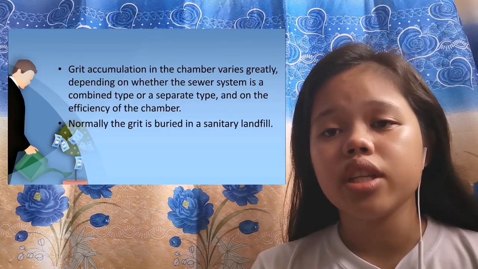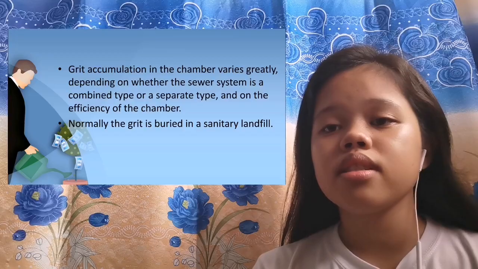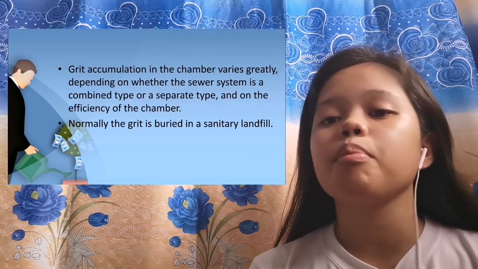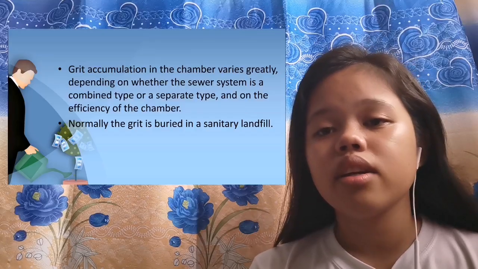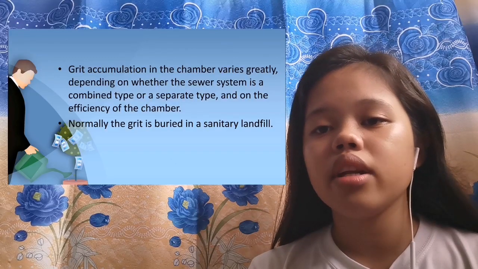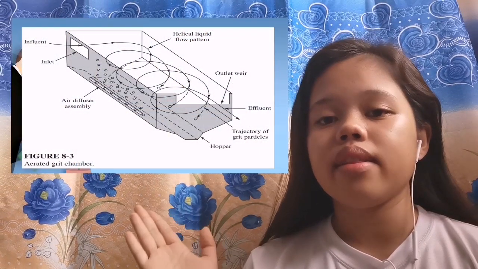Grit accumulation in the chamber varies greatly, depending on whether the sewer system is a combined type or a separate type, and on the efficiency of the chamber. Normally, the grit is buried in a sanitary landfill. This is a sample picture of an aerated grit chamber.